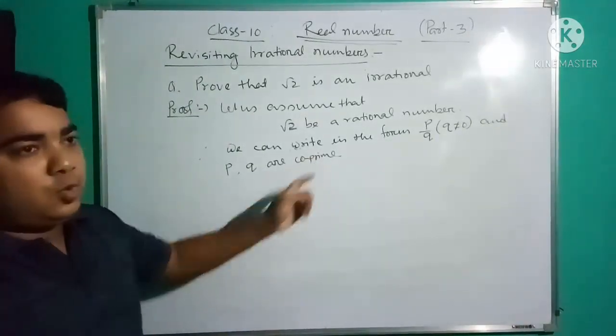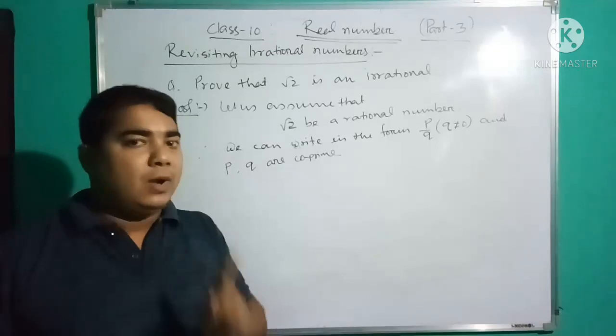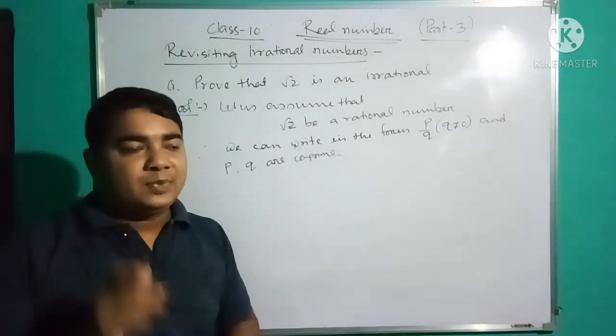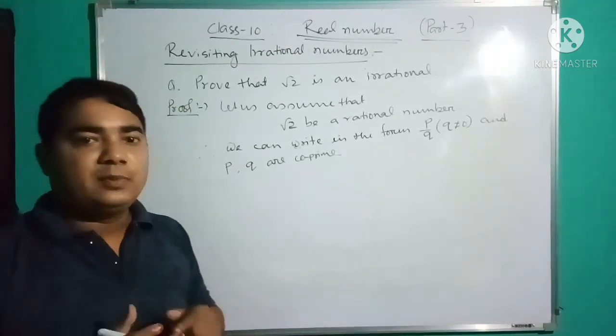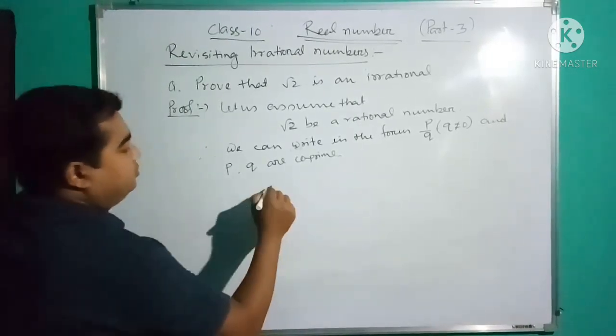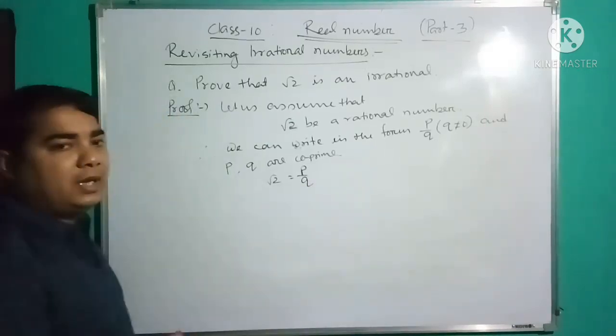Now, co-prime means if any two numbers have HCF only 1, then both numbers are called co-prime. For example, 3 and 4: their HCF is 1, therefore 3 and 4 are co-prime numbers. Okay, now root 2 equals p by q.